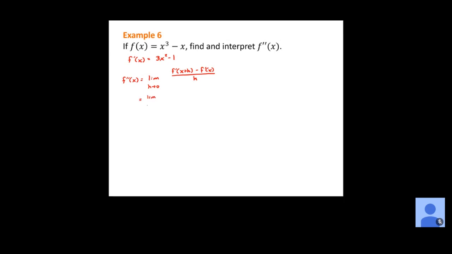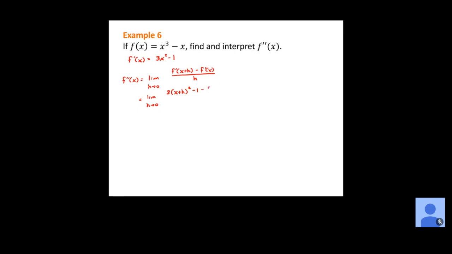All right, so if we do that, what is f prime of x plus h going to look like? Good, right? So we take the 3, we're substituting the x plus h in for the x here, which means we have to square it, and then we're going to subtract 1.